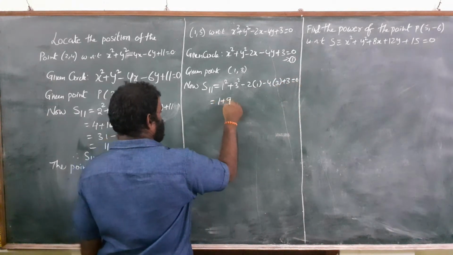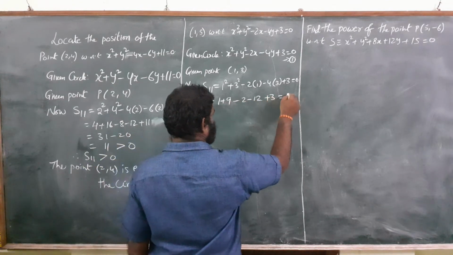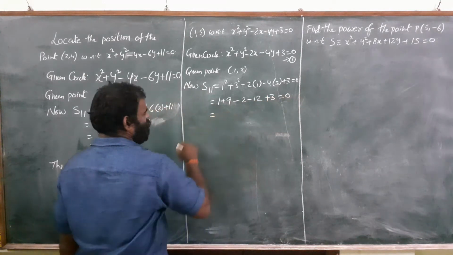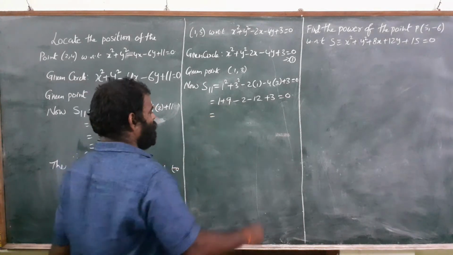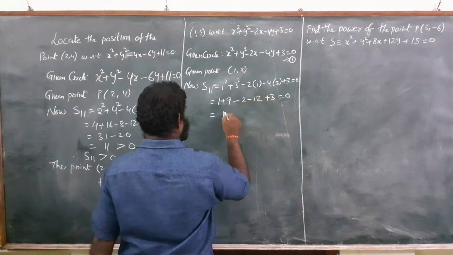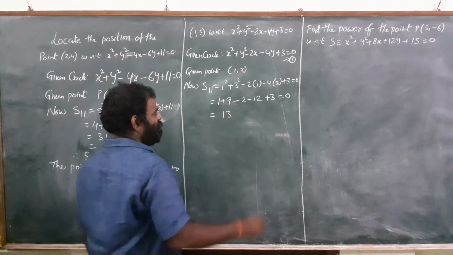1 plus 9 minus 2 minus 12 plus 3. So 9 plus 1 is 10, 10 plus 3 is 13. If we add all positive numbers, you get 13.